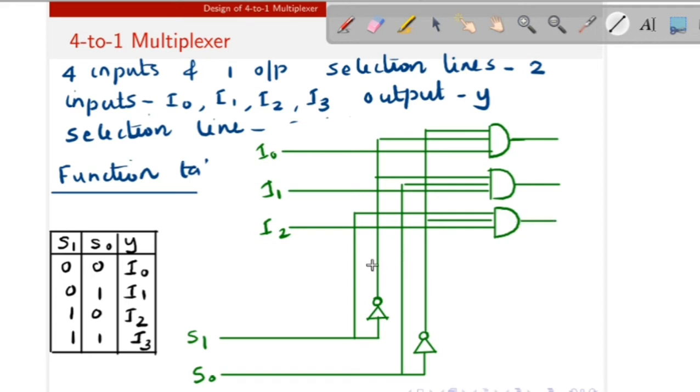Then next, S1 is equal to 1 and S0 is equal to 1 and I3, and together this is I3.